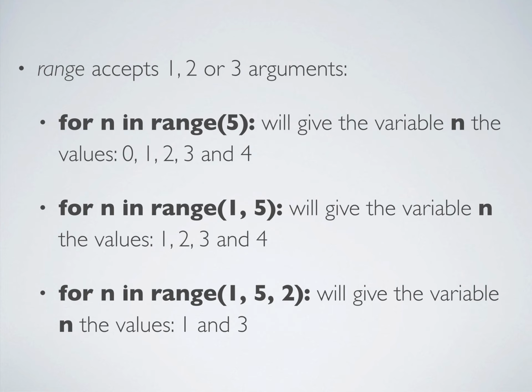We start at 1, we go up to 5 but not including 5, and each time we go up by 2. So the first value n will get is 1, the next one will be 3 because we go up by 2, and then there is no next one, right? Because 3 plus 2 is 5, and again the rule is you do not include that second number. You go all the way up to it, but you don't include it.